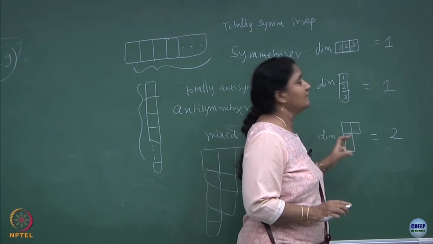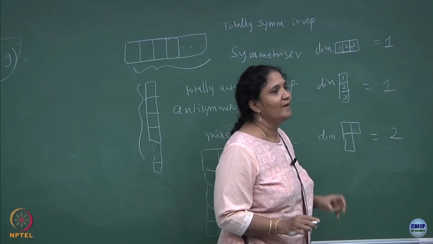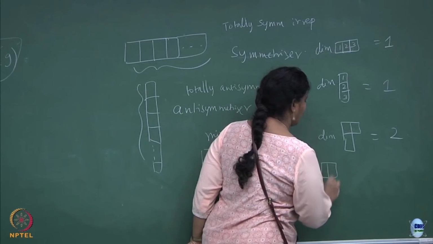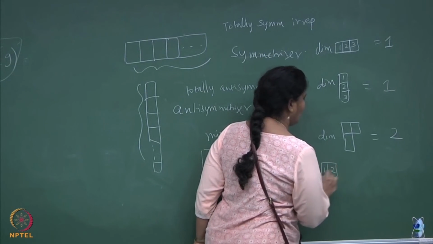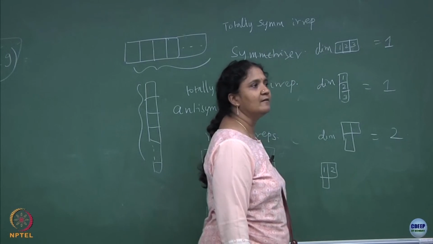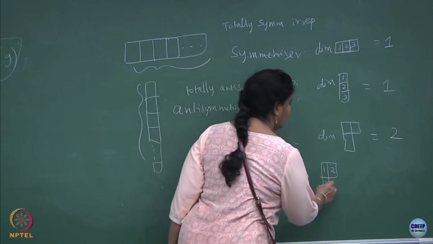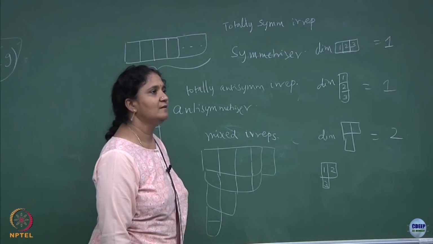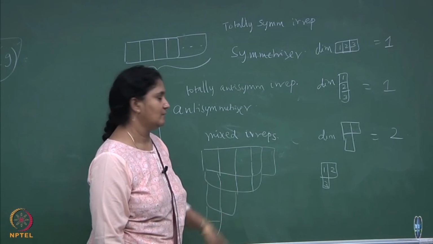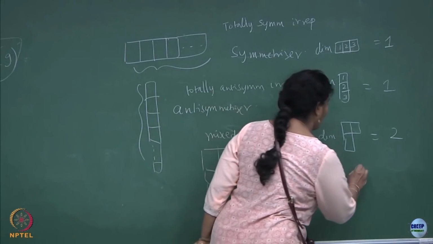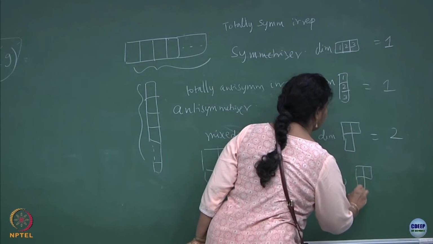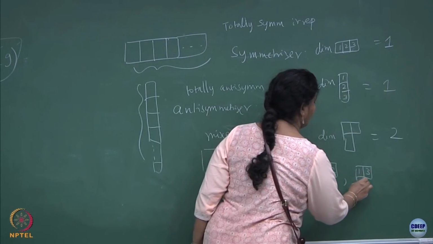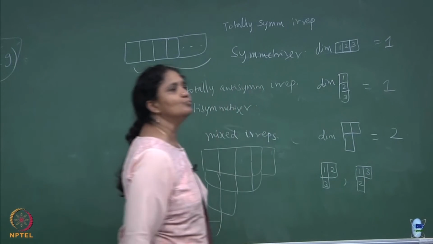When it comes here, what happens? You can allow 1 and 2 to be symmetric and 1 and 3 to be antisymmetric, right. This is one possibility. But you can also have one more possibility, which is 1 and 3 and 1 and 2.